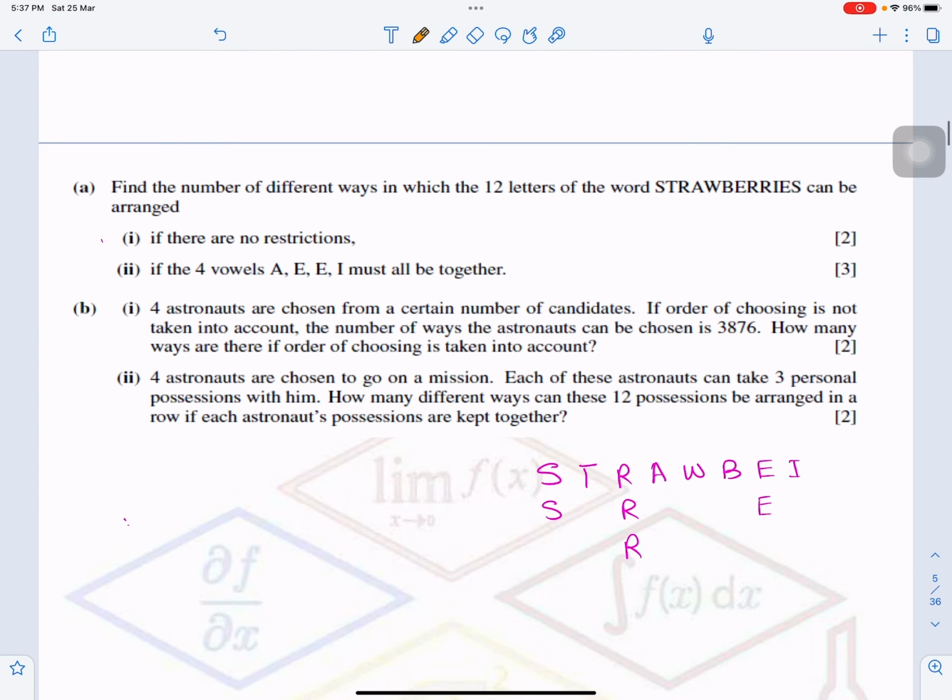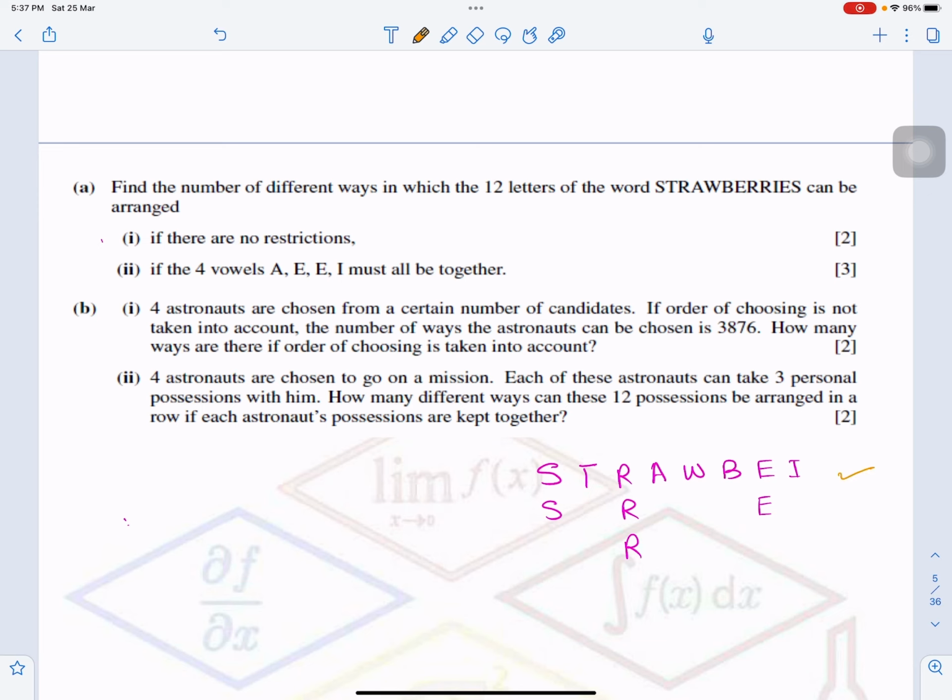Find the number of different ways in which the 12 letters of the word strawberries can be arranged. I have written strawberries in this form because it helps me understand how many letters are repeated. You can write it in any form you like.